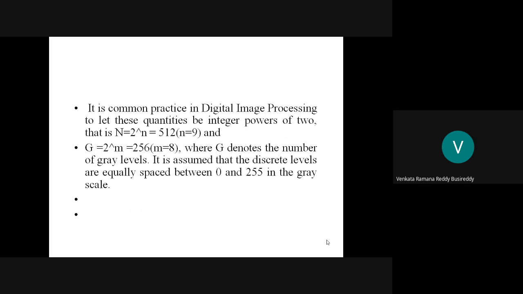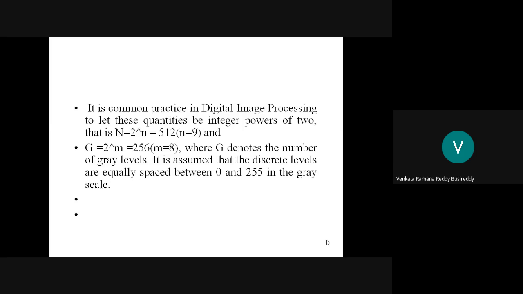How much storage, how much memory is required? It depends upon the number of bits required for representing a particular pixel. For example, if I take 8 bits for representing each and every pixel, I can display 256 shades, starting from 0 to 255.